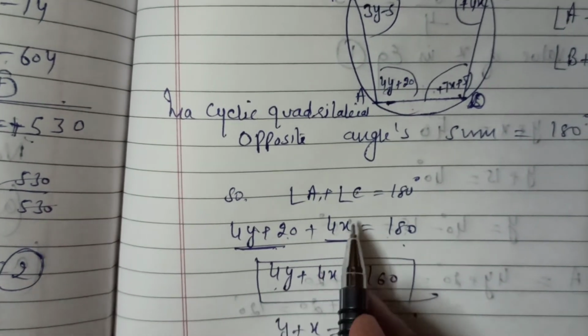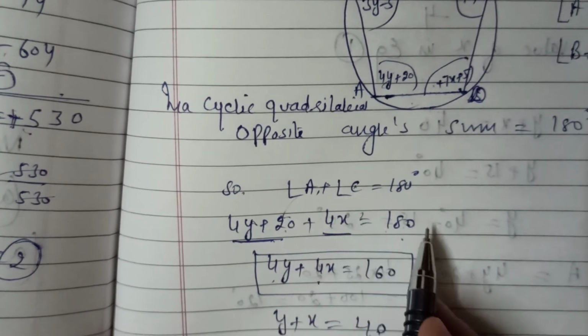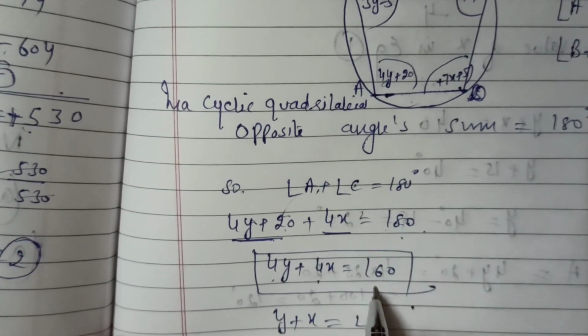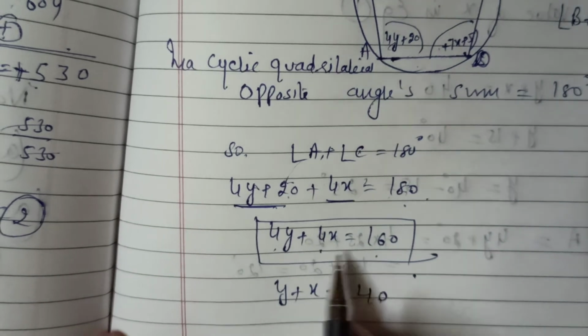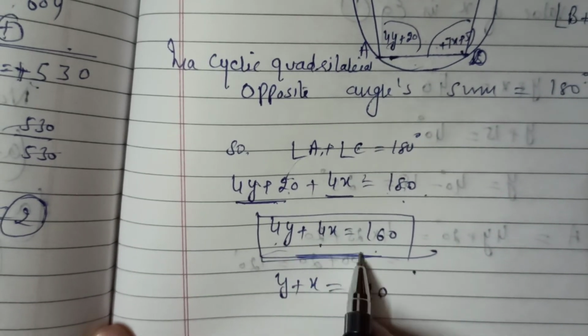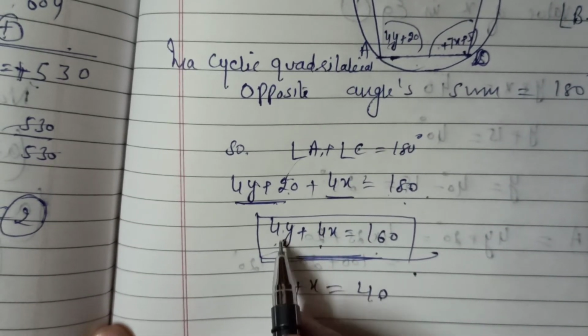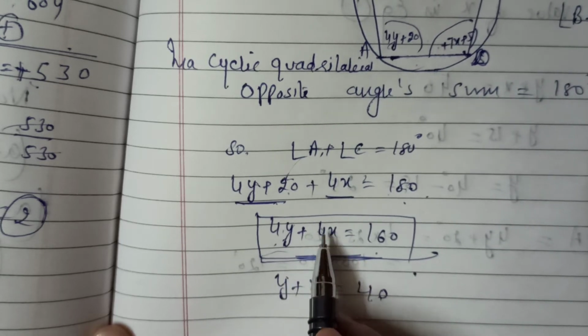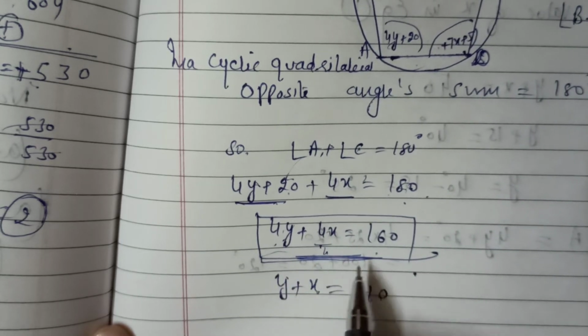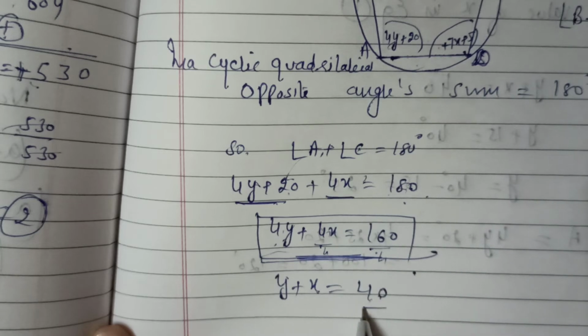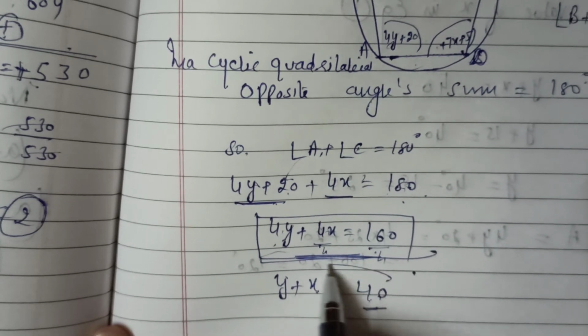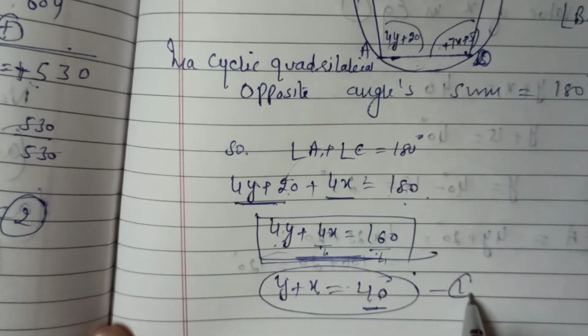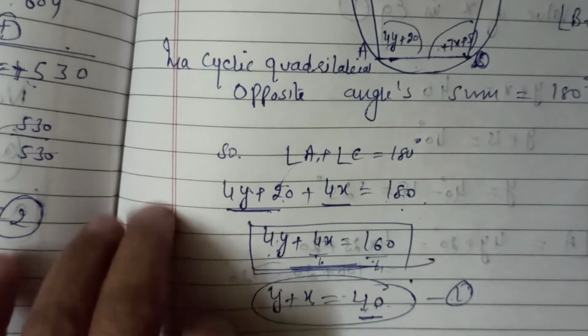So 4y plus 4x, this 20 will go to that side. 180 minus 20, it comes out to be 160. Take 4 common from whole equation. Cut by 4, it will come out to be y. Divide by 4, come out to be x. Here also divide by 4, come out to be 40. So here this first equation is y plus x is equal to 40.